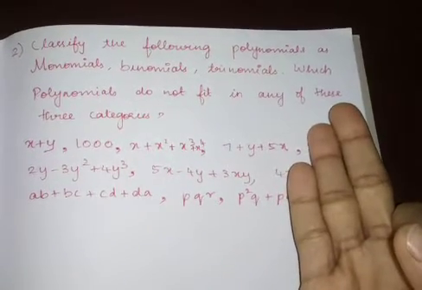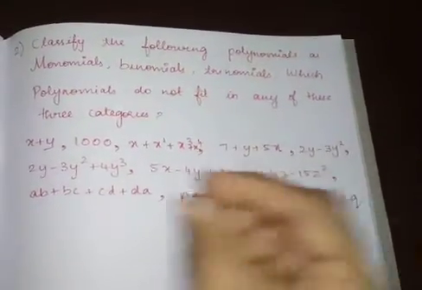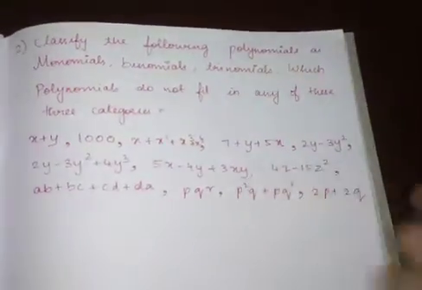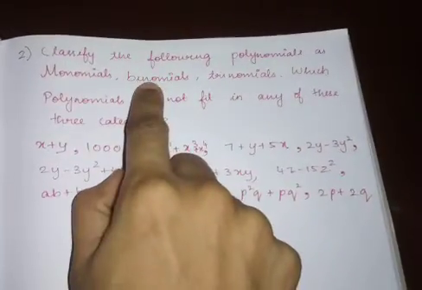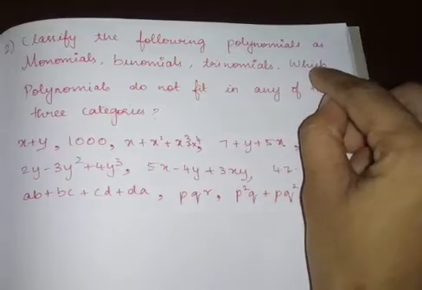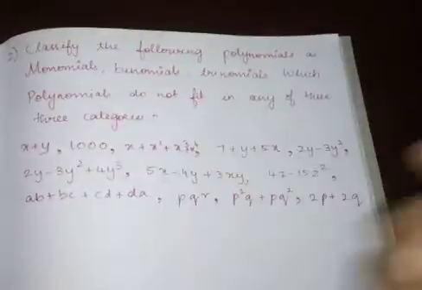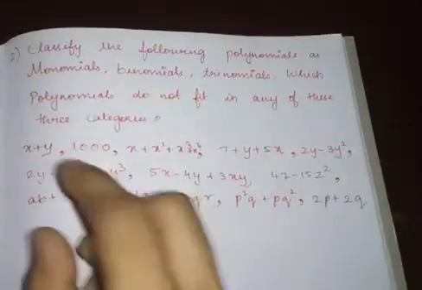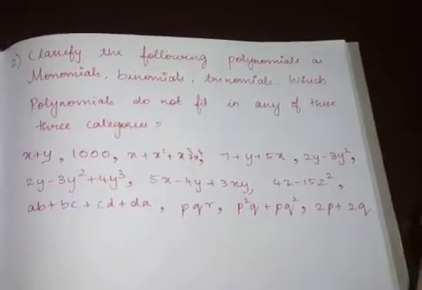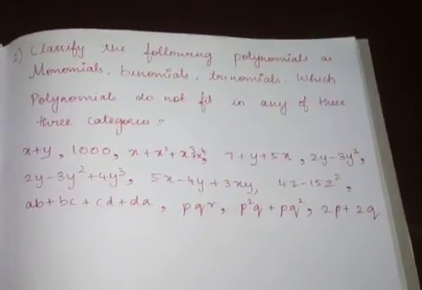Trinomial means it will be having three terms. So, they are asking which expressions are monomial, binomial, trinomial. We have to separate them. Then, which polynomial does not fit in any of these three categories? So some polynomial will not belong to monomial, binomial and trinomial. What is that polynomial they are asking?